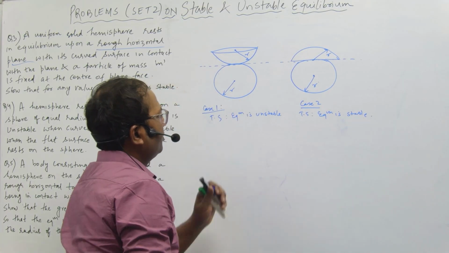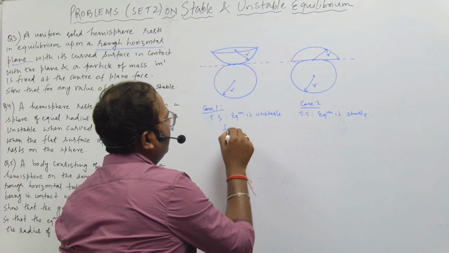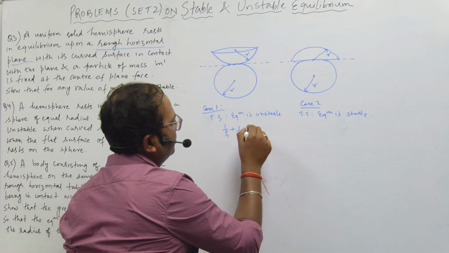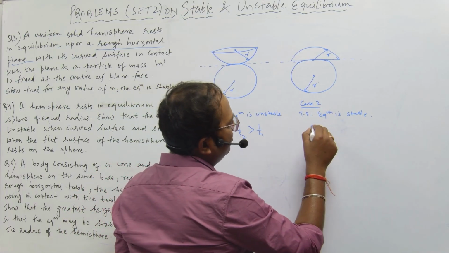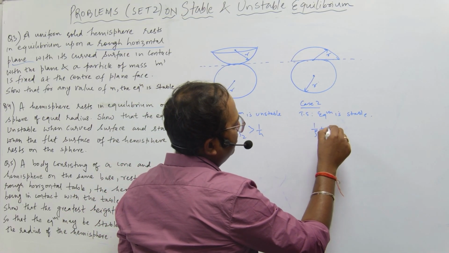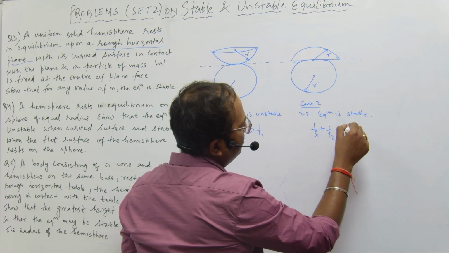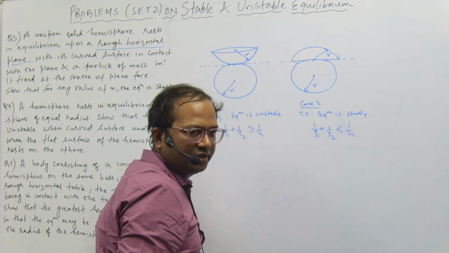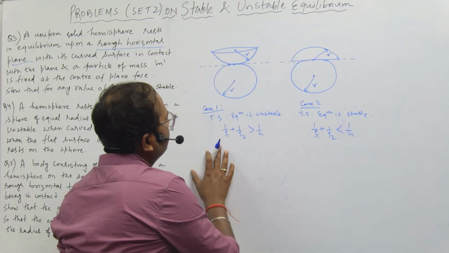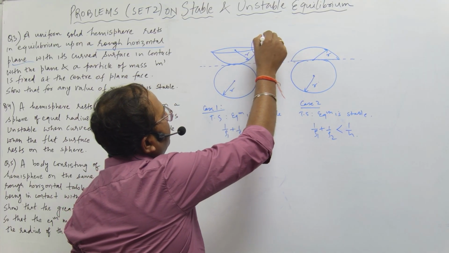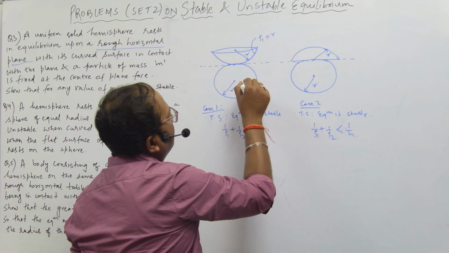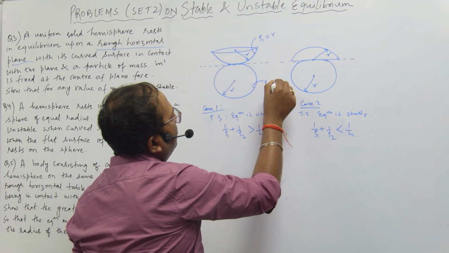Okay, so the condition for unstable equilibrium is 1 upon rho 1 plus 1 upon rho 2 is greater than 1 upon h. The condition for stable equilibrium is 1 upon rho 1 plus 1 upon rho 2 is less than 1 upon h. In this particular case, rho 1 will be r, and rho 2 will be small r.